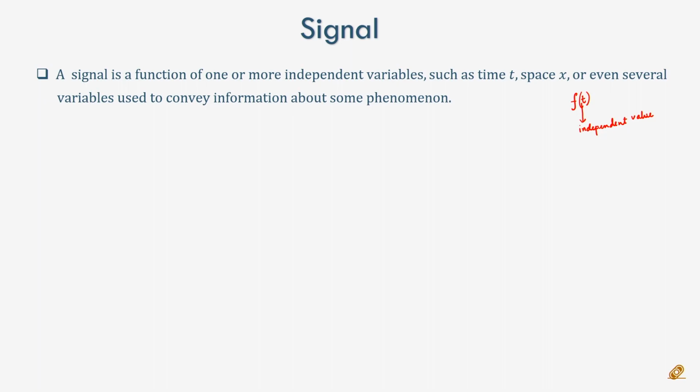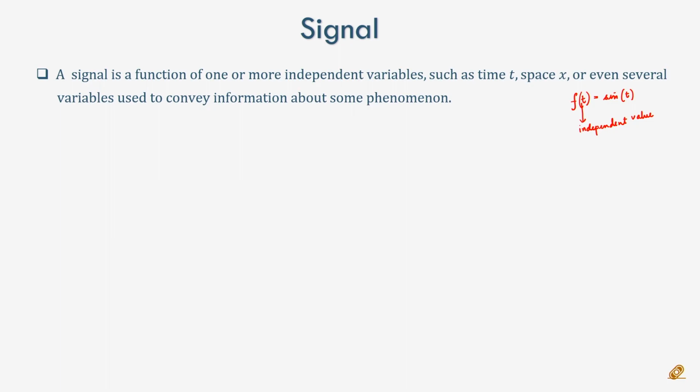So when I change the value of t, you will get some value of the function. Suppose f of t is equal to sine t. As you change the value of t, which is the independent variable, you get the value of the function. So what we have done in this definition is that we have taken a physical quantity, which is a signal, and we have represented it with a mathematical object. And why are we doing that?